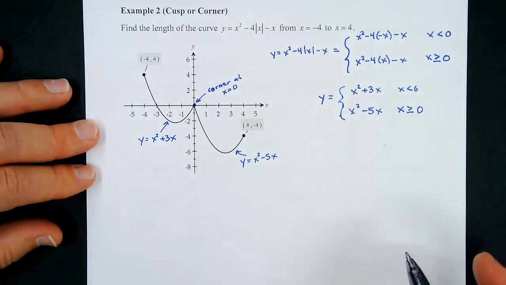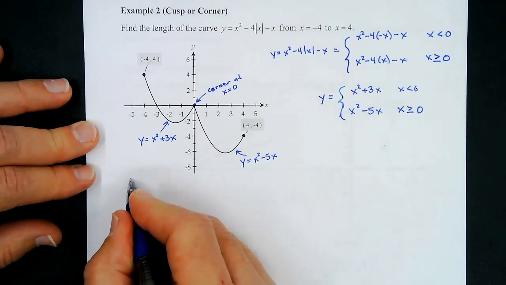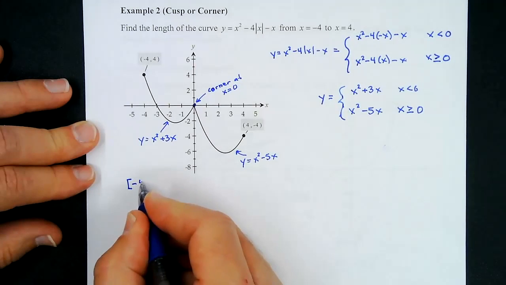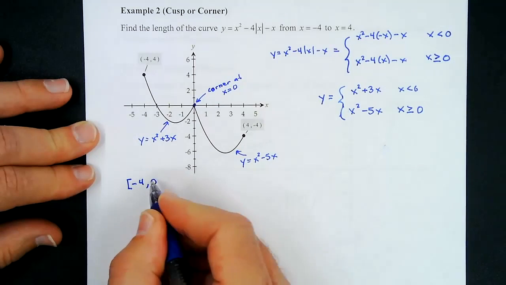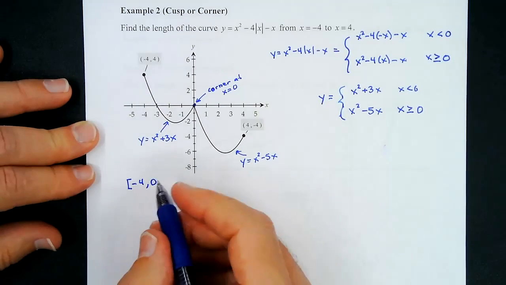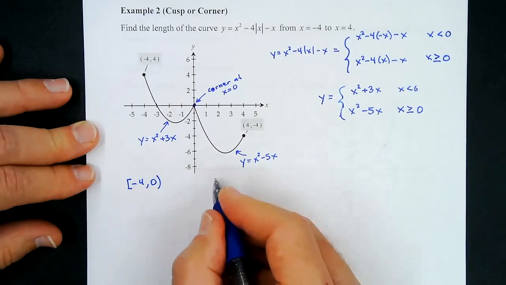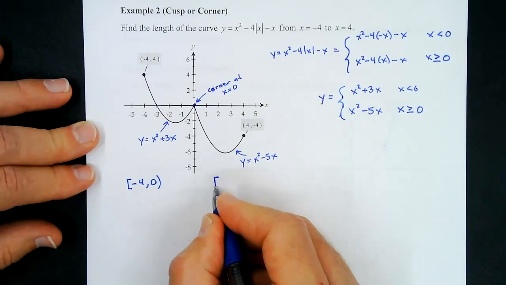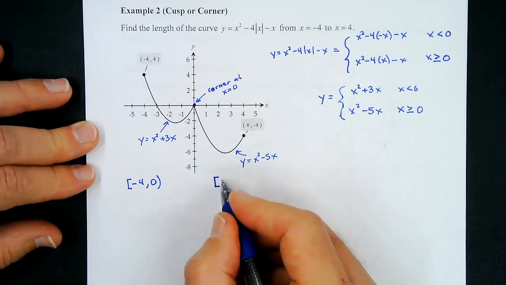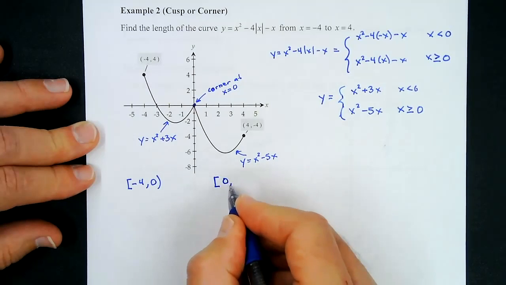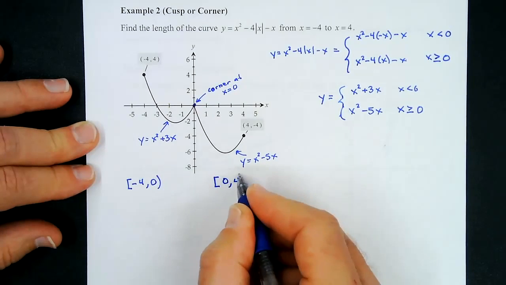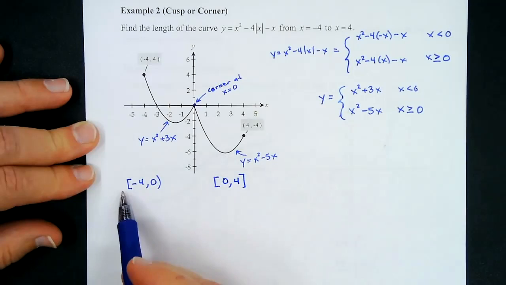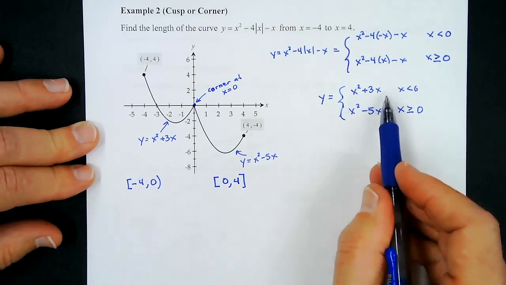All right, so what we're going to do is use this on the interval from -4 to 0, not including 0. And then we're going to use this one when we start at 0 and we go to 4. Now, why is this a closed dot, open dot? It's because of the piecewise function, right?